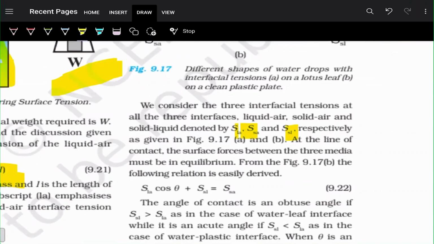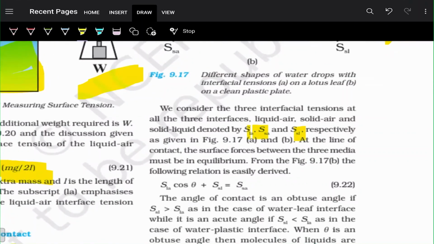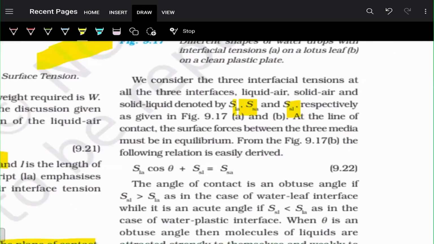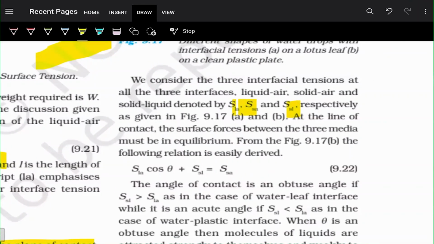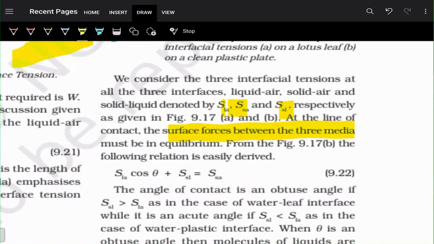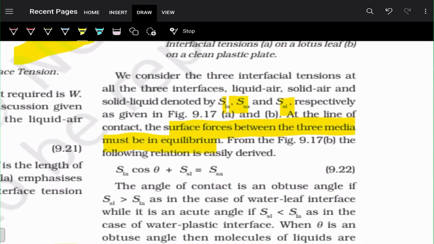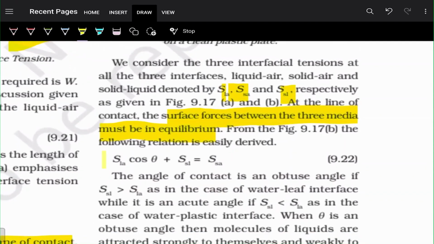At the line of contact, the surface forces between the three media must be in equilibrium. So we can say, yes, S_LA cos theta plus S_SL is equal to S_SA.